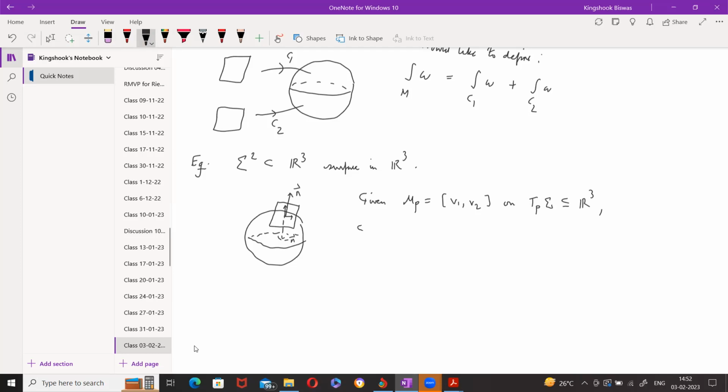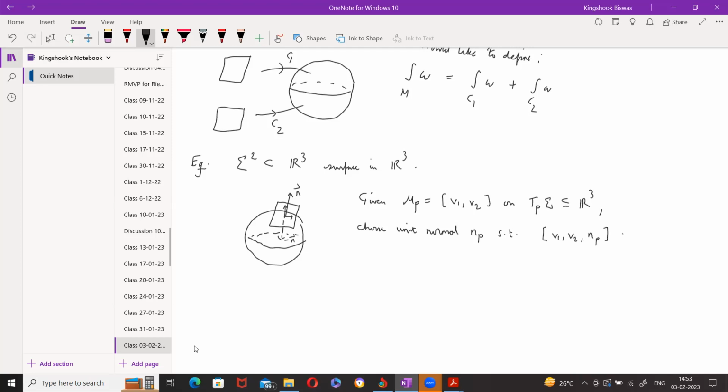Okay, you choose the unit normal at P, n of P, such that if I look at V1, V2 together with n, P, this will be a basis of R3.